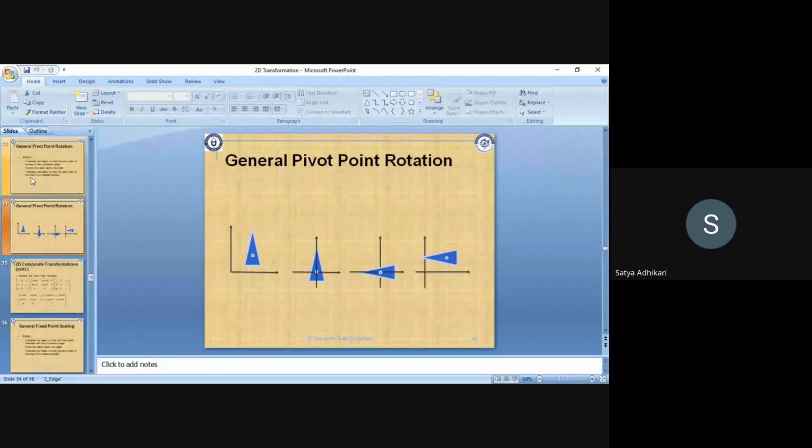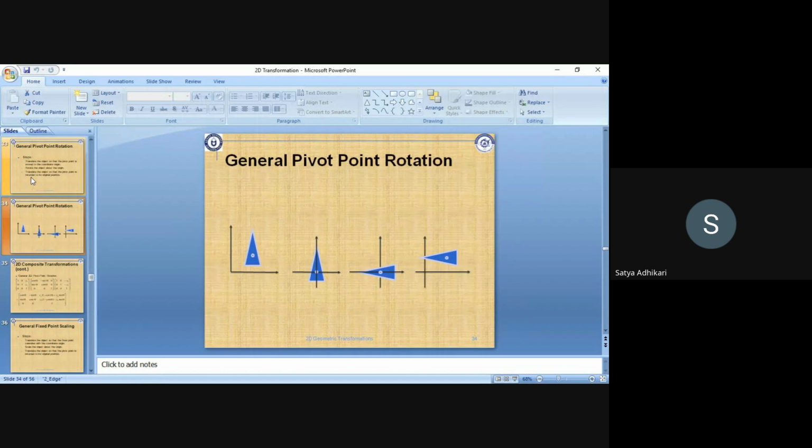So we have to apply the inverse translation here. As we discussed in the previous slide, with inverse translation we take that point to its original location. That is opposite to step 1.